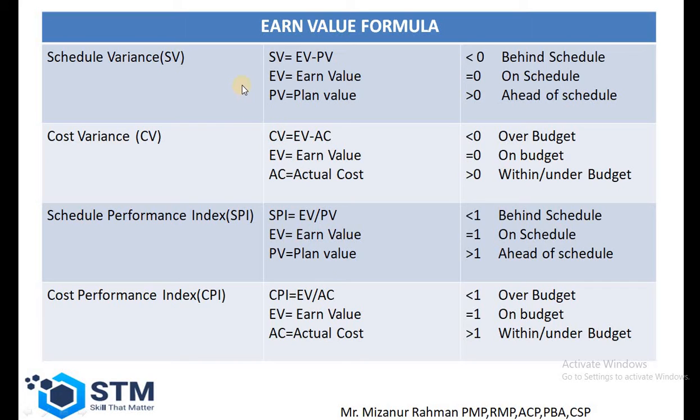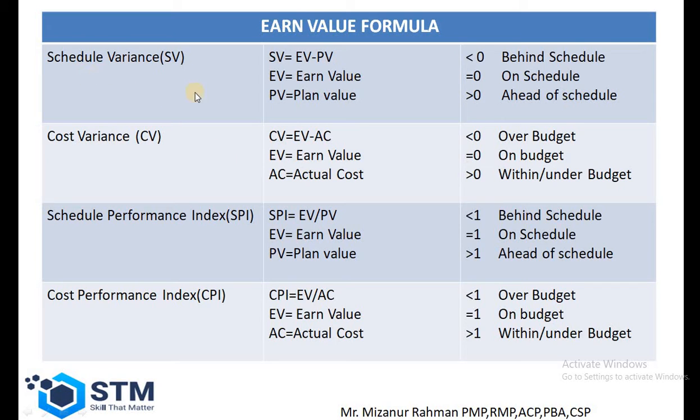So in these 4 formulas, first we have to consider the earned value. For the variance calculation, we have to think that something will be subtracted from this earned value. For the index calculation, this earned value will be divided by some values.